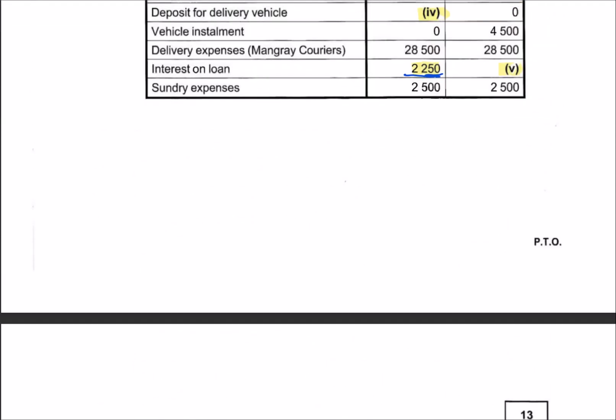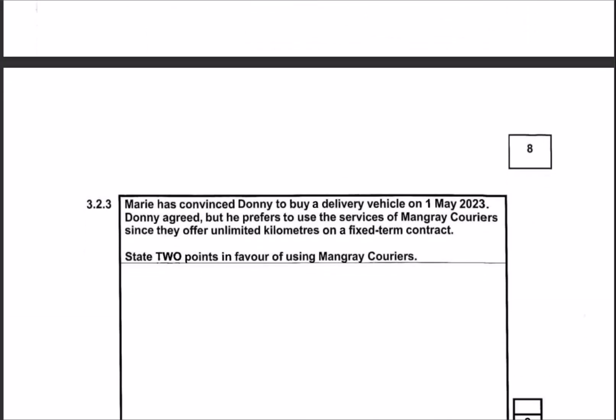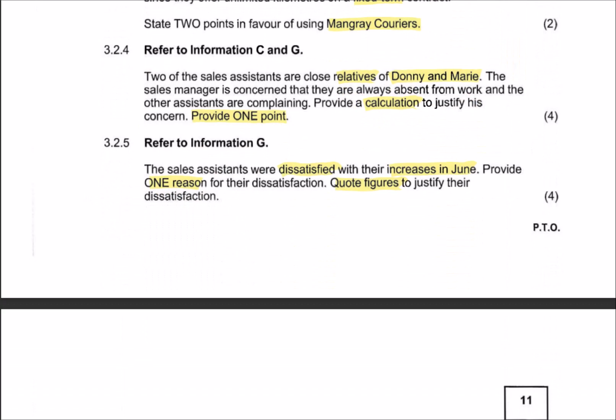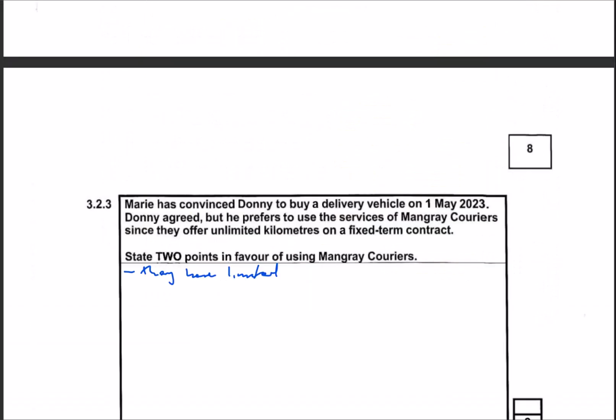So what you need to do is state 2 points in favor of using Mangre. Point number one, they have unlimited kilometers on a fixed term contract.